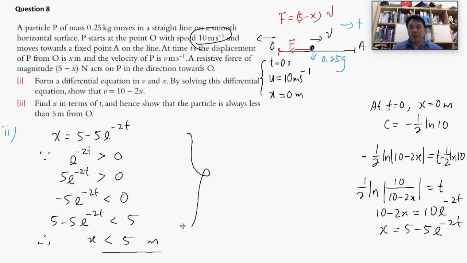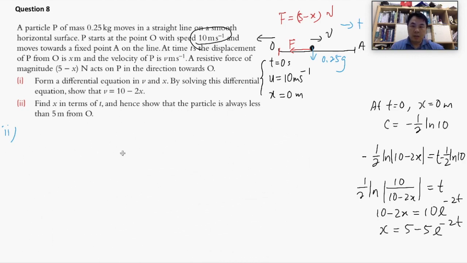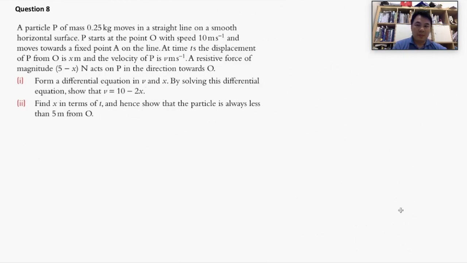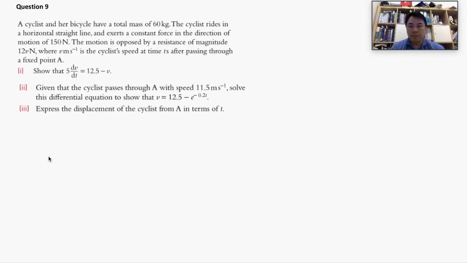Okay, now we're going to go to the last question. Question of the day. All right, last one. Here we have a cyclist and her bicycle with a total mass of 60 kg. The cyclist rides in a horizontal straight line and exerts a constant force in the direction of motion of 150 Newton.